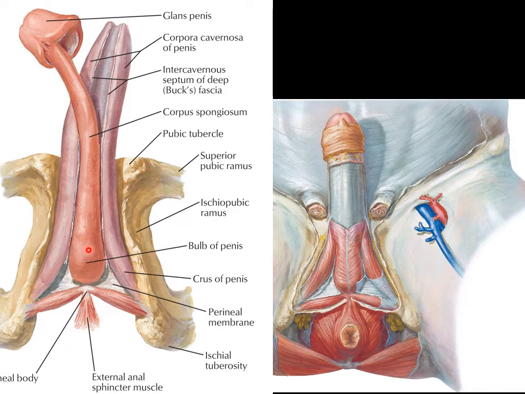So through this bulbospongiosus and the corpus spongiosum, we can find the penile part of the urethra, and in the glans penis you can identify the external urethral orifice. At the dorsum of this bulbospongiosus we can identify the corpora cavernosa, and they are extending as the ischiocavernosus and as the corpora cavernosa of the penis.